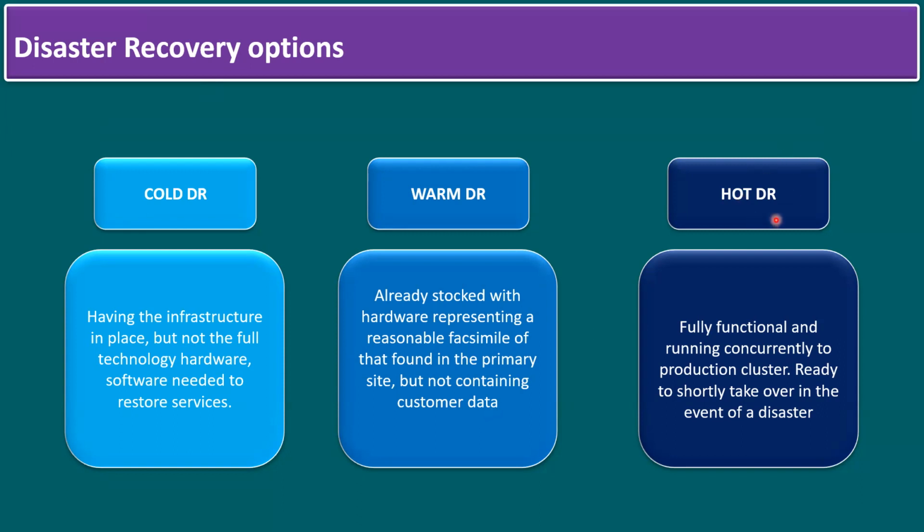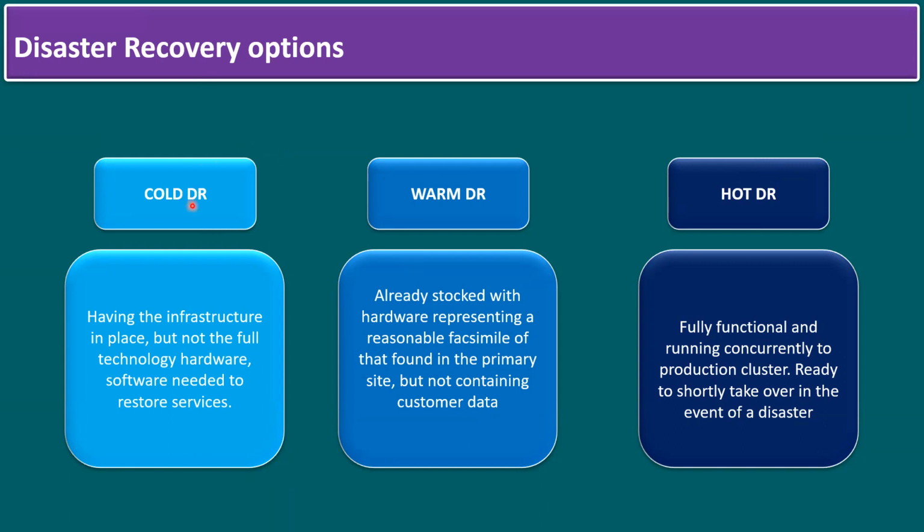And hot DR means generally we should have a stretched cluster environment, or metro cluster environment, fully functional and running concurrently with the production cluster, ready to shortly take over in the event of disaster. If the active site fails, customers can easily access from the secondary site. There will be very minimal impact with hot DR, but it will be the customer's choice. On day one itself, they have to take the decision.